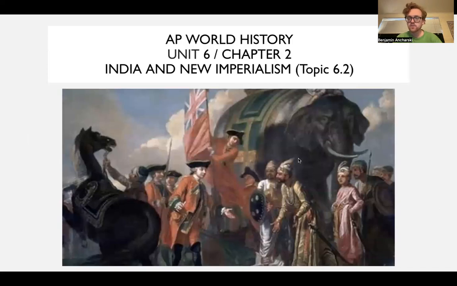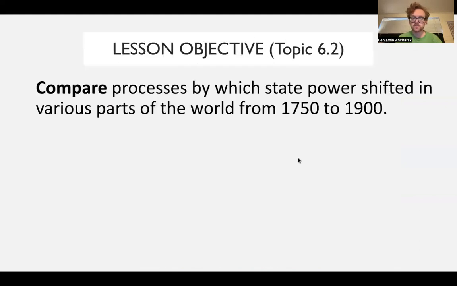India is going to be, at least for us, our first example of this age of new imperialism, and it is going to embody a lot of those trends that I mentioned in the very first video of this series.